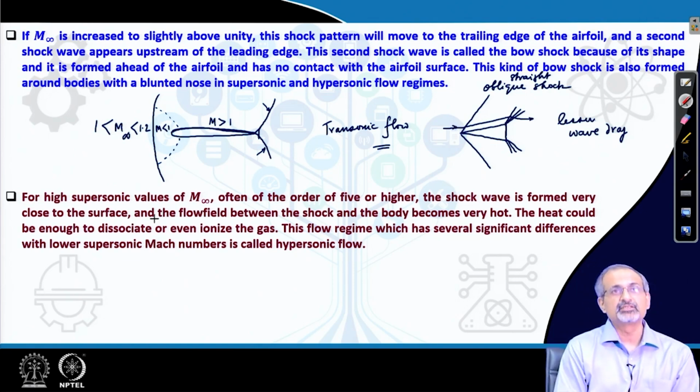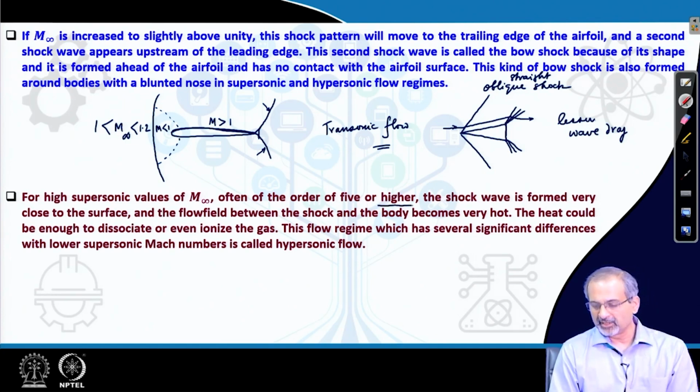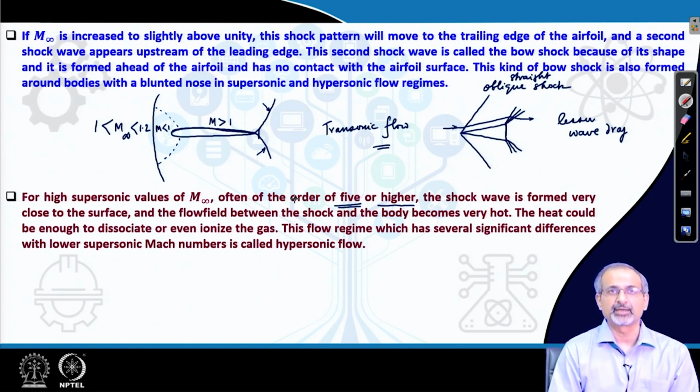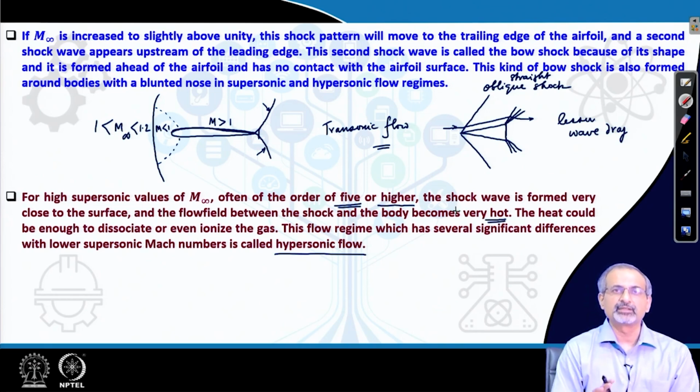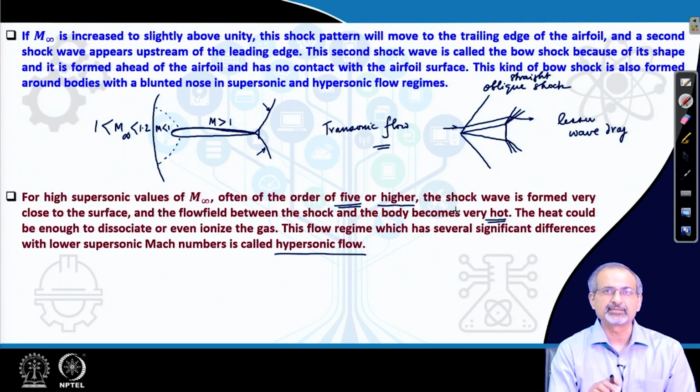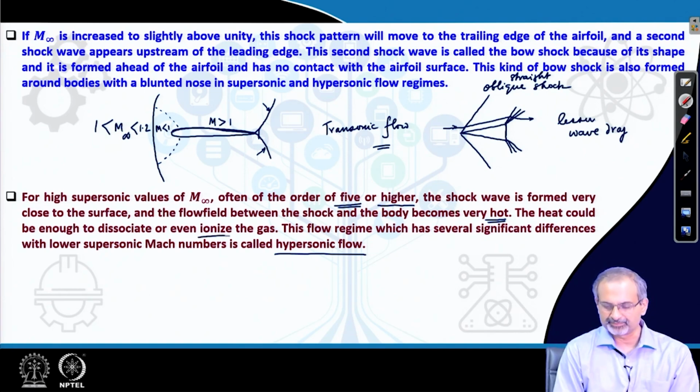And then if you push the free stream Mach number further quite significantly, it becomes much higher. Many references say a ballpark Mach number of about 5, but more importantly there are certain significant changes which happen in the flow field. That is how we need to demarcate the much higher supersonic range, which we call the hypersonic range. So, what happens? We have the shock moving very close to the body, and the region behind the shock and just above the body becomes a very hot region. So, we say it is a thin shock layer, and it is so hot that the gas can get ionized.